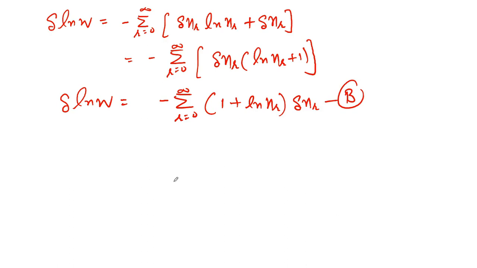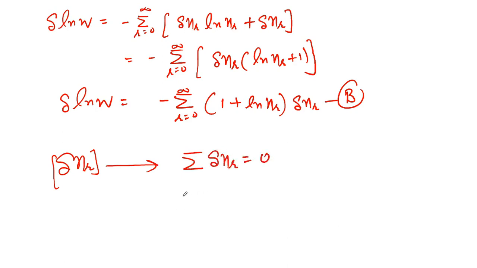Now this different state at that particular instant must satisfy the conditions we have already written. So this delta nr distribution set must satisfy the conditions that the summation of delta nr should be equal to 0, and the summation of er delta nr should be equal to 0.